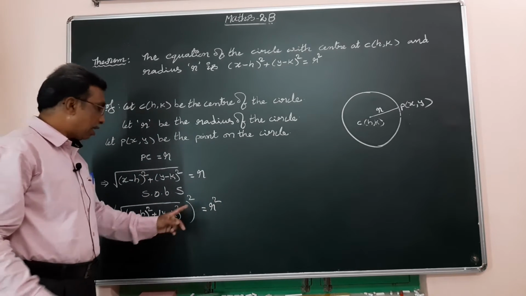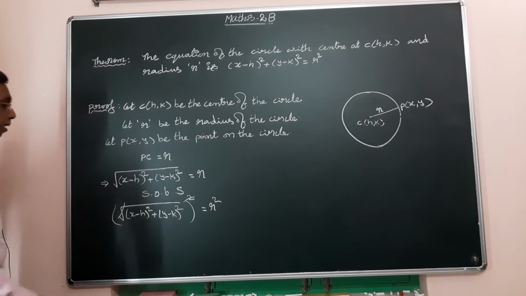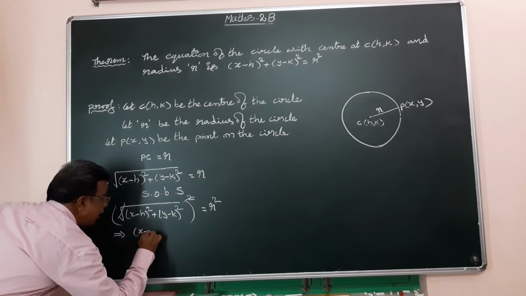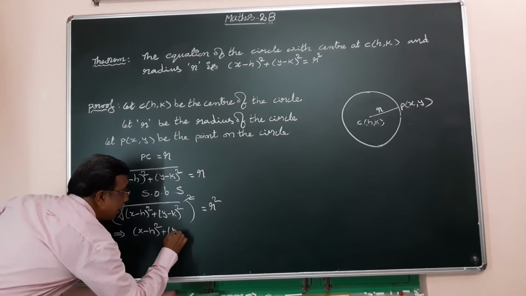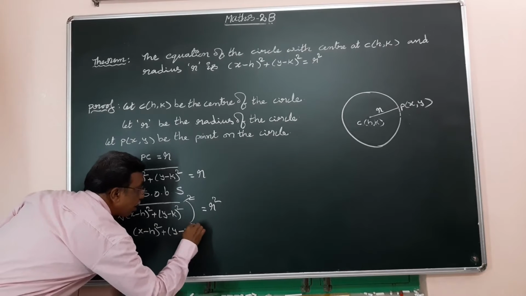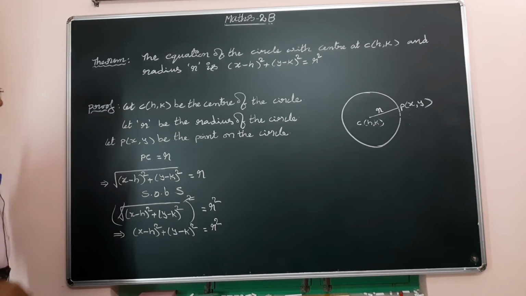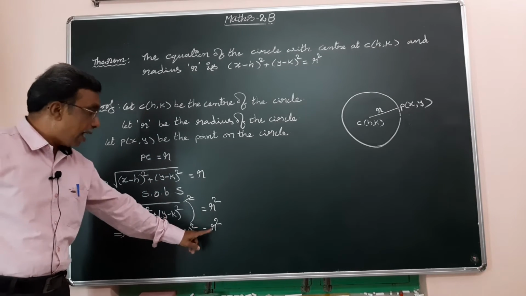Now the square root is cancelled. That implies x minus h whole square plus y minus k whole square equal to r square.